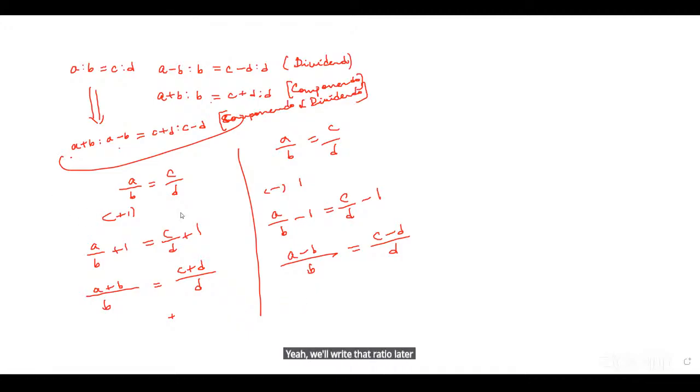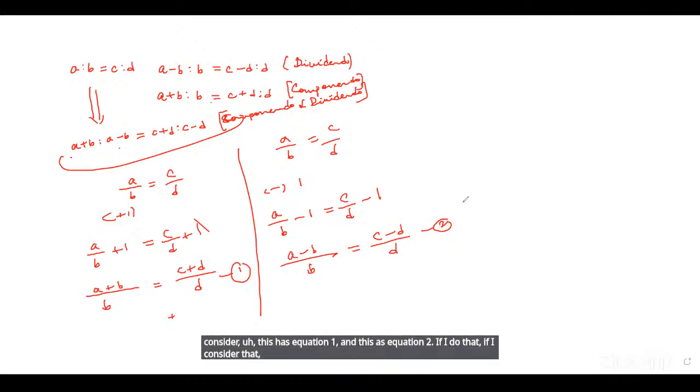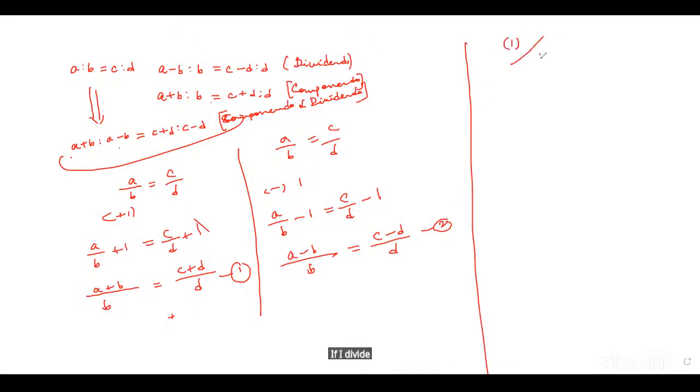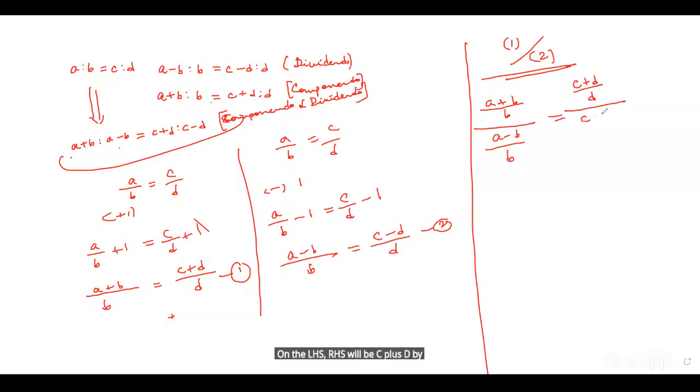What I'll do here is I'll consider this as equation 1 and this as equation 2. If I divide equation 1 by 2, what happens? A plus B by B divided by A minus B by B on the LHS. RHS will be C plus D by D divided by C minus D by D. B and B, D and D cancelled.